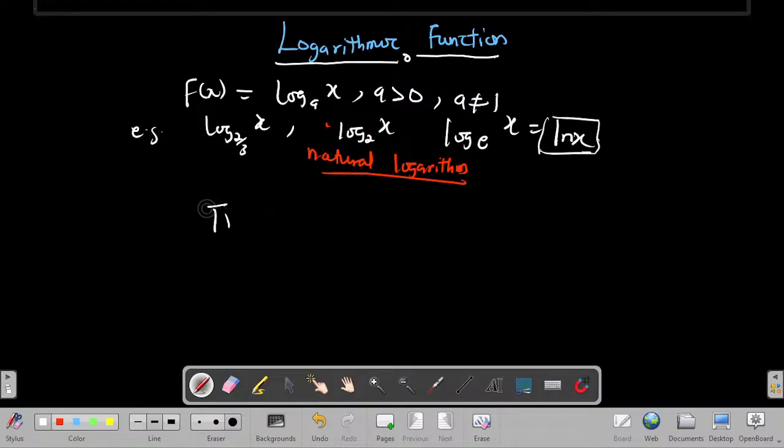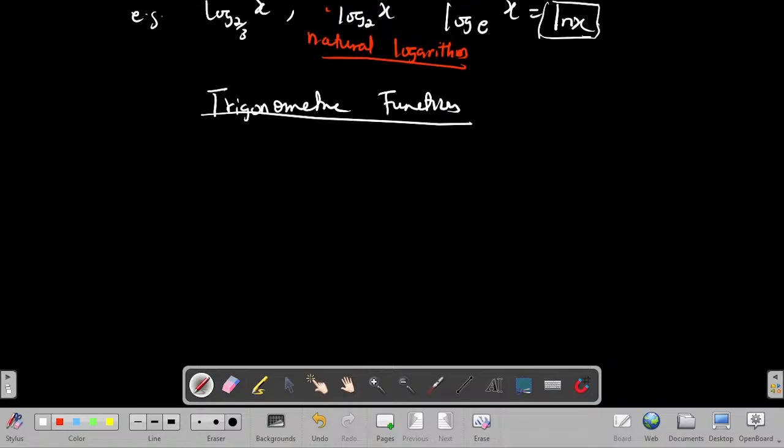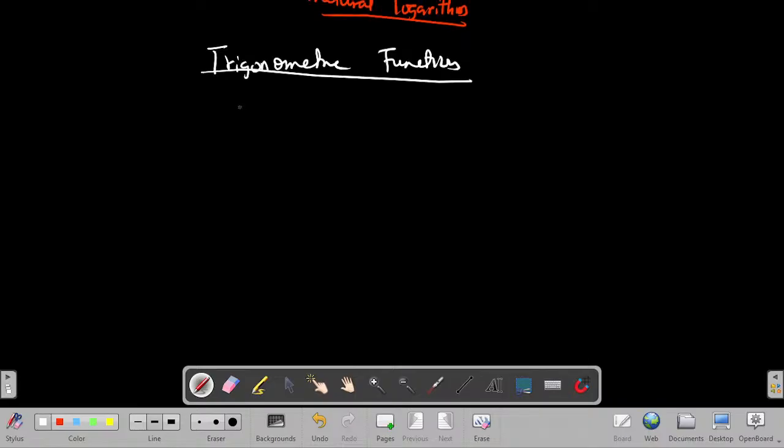Let's talk about trigonometric function. When you talk about trigonometric function, I think this is a little bit more familiar because it's something you have been seeing, you have been playing around with all this while. So we call them circular functions. Maybe this is your first time of knowing that trig functions are called circular functions.